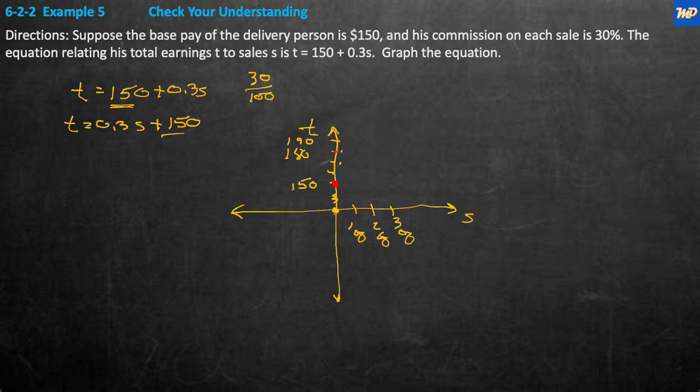So they're going to be up here and it's going to be out here in 100. Okay. And that's it. So now this right here is 0, comma 150. And this one here is 100, comma 180.